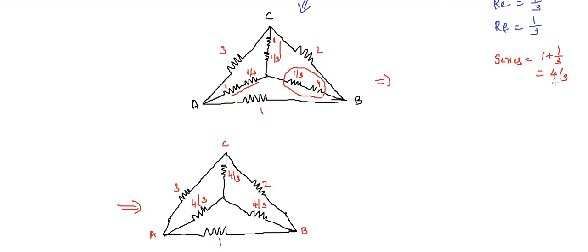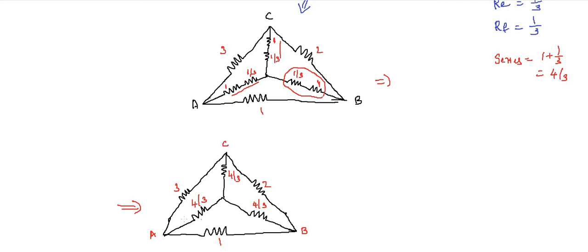So the effective resistance is equal to 4 by 3, and we have replaced these two resistors, that is the series combination, with a single resistance. So now this circuit is such that the outer loop is delta connected and the inner loop is star connected.